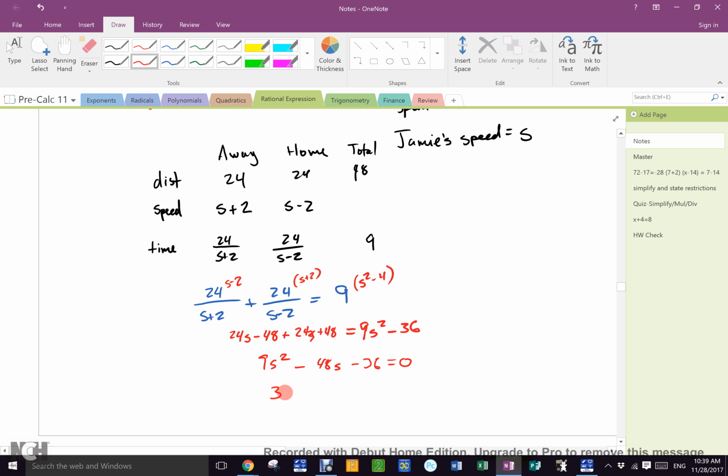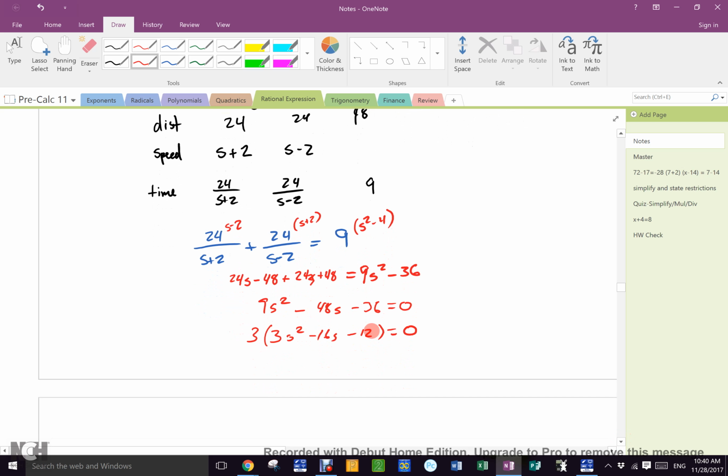3. So we're going to have 3s squared. We don't care about the 3, do we? Or do we? Three s squared minus 16s minus 12 equals 0. Now what? 3 times negative 12 is negative 36, right?